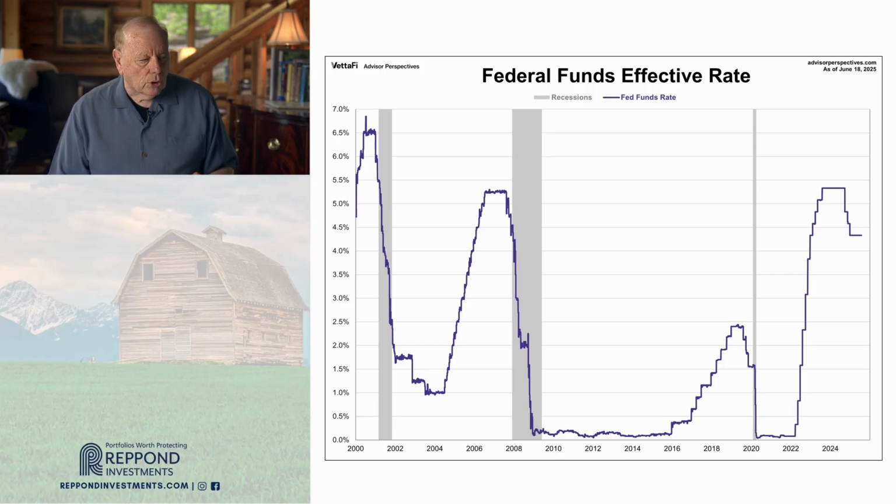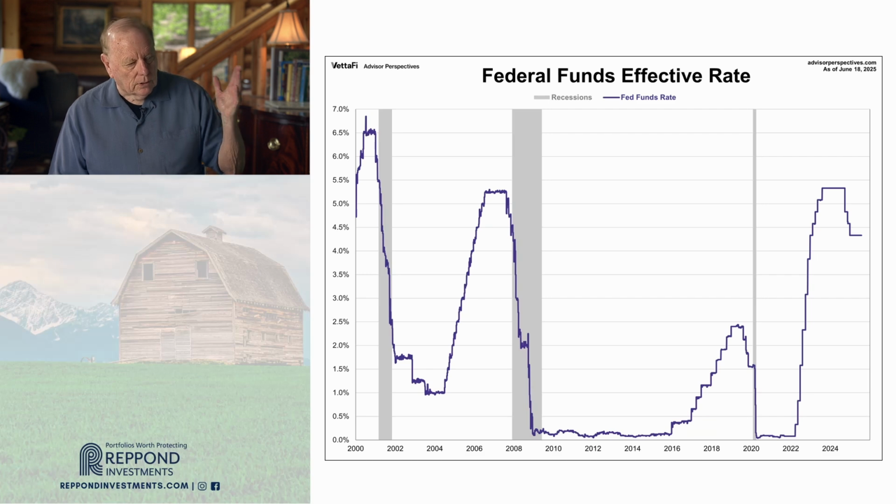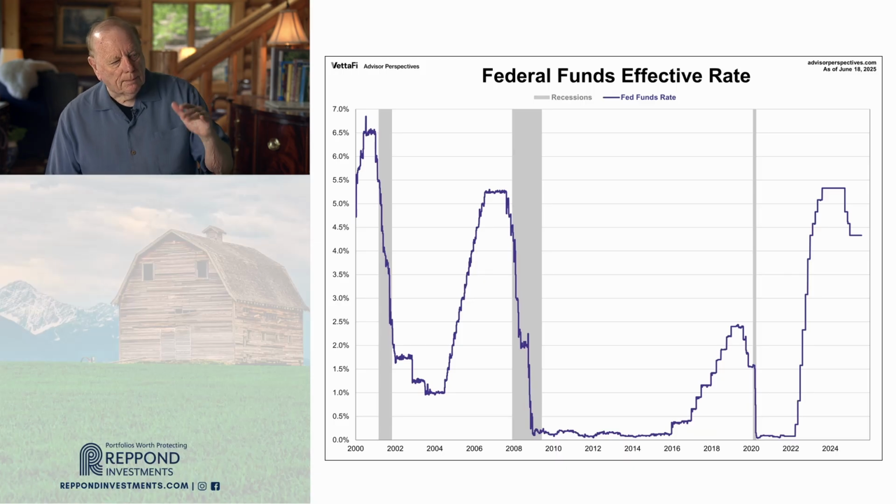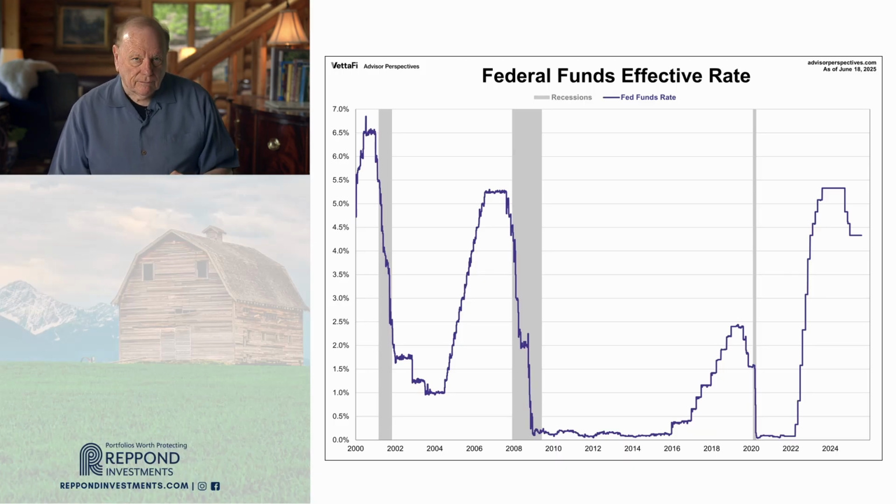So this first chart shows that, and you can see in 2000 where interest rates were raised, stabilized, and then dropped dramatically during 2001, 2002, and then in 2004, then they go back up, back down during the Great Financial Crisis, went to a bottom and stayed there for, I believe, about 8 years, and then raised again, dropped, and now raised.